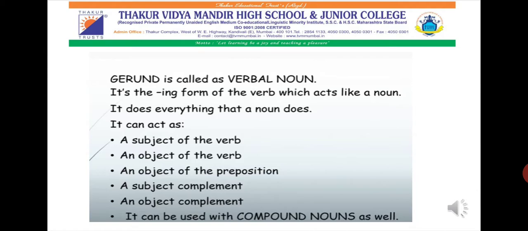But I am here to clear your doubts. First, let's concentrate more on gerund. A gerund acts like a noun only. That particular verb can be in the place of a subject, an object, right after a preposition, a subject complement, an object complement, and it can be used with a compound noun as well.